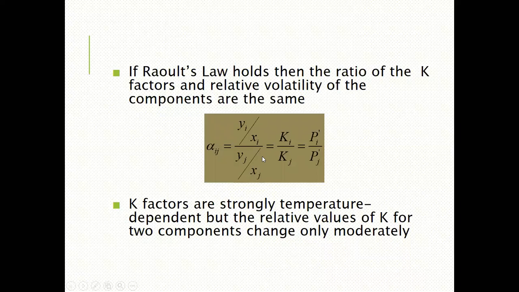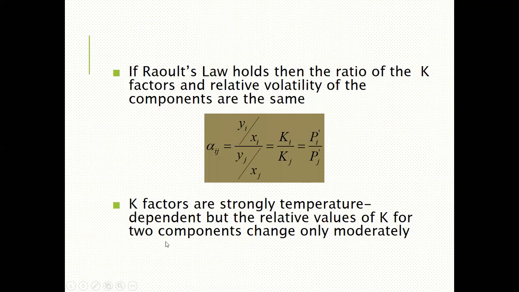You can also get this relative volatility, the alpha, as the ratio of the K factor of component i over the K factor of component j. So the ratio of the two K factors. Or it could be the ratio of the pure vapor pressures of components i and j. Again, this one is when Raoult's law holds.